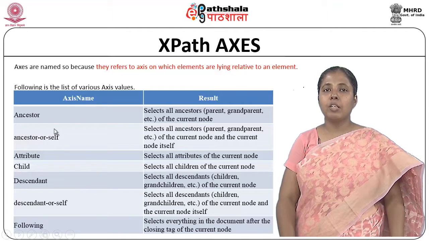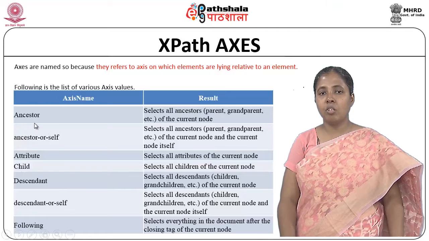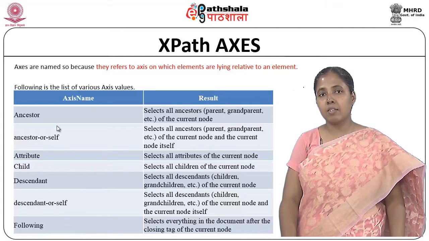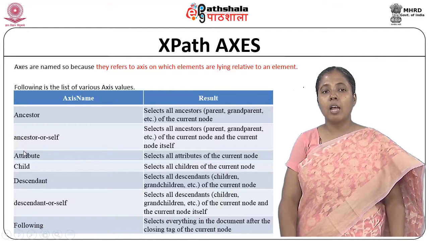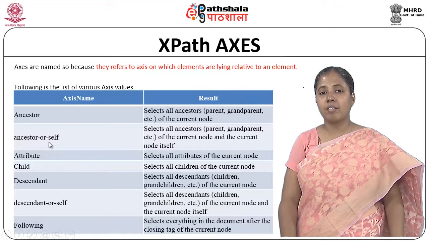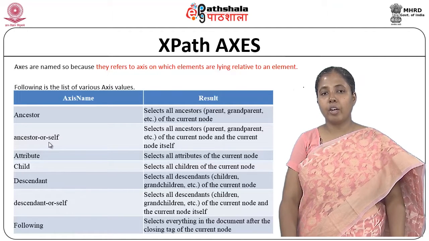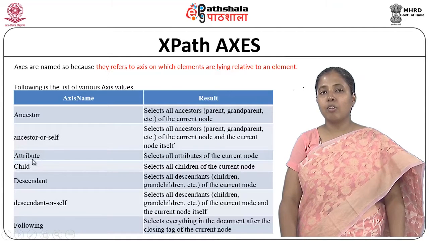We use axis names like ancestor, which selects all ancestors. Ancestors can be a parent, grandparent, etc. of the current node. Ancestor-or-self selects all ancestors of the current node and the current node itself. Attribute selects all attributes of the current node.